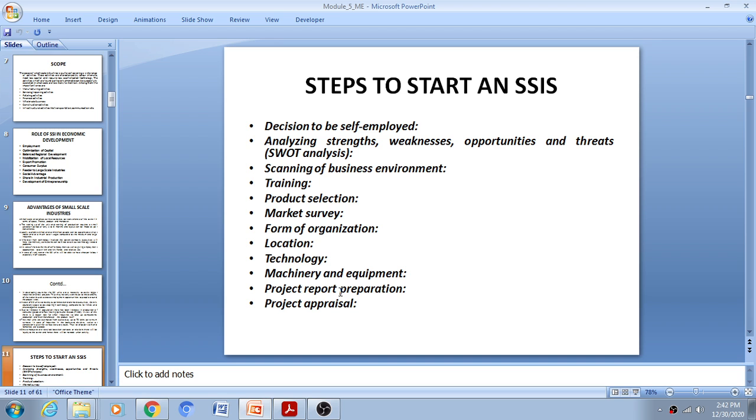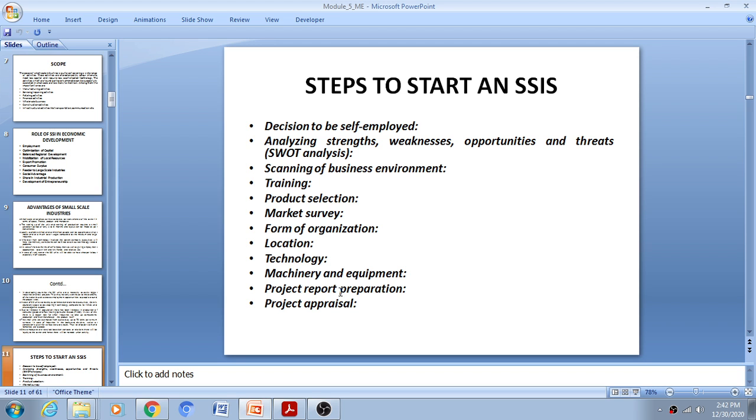Once you have decided that you want to be the owner and not an employee, the next thing is you need to dig deep into yourself to understand what your strengths and weaknesses are, what the opportunities are outside, as well as what hindrances come across you when you start a small scale industry.